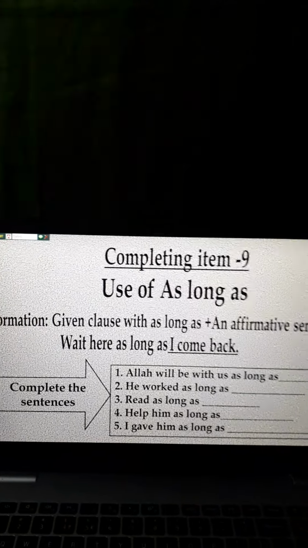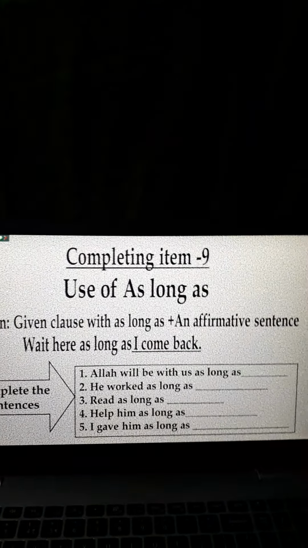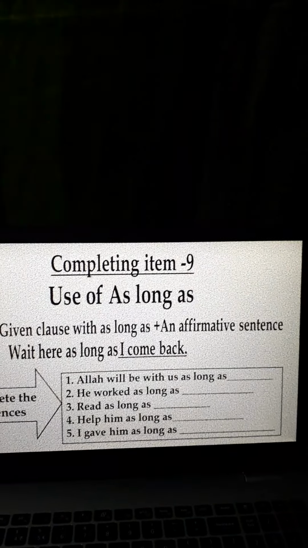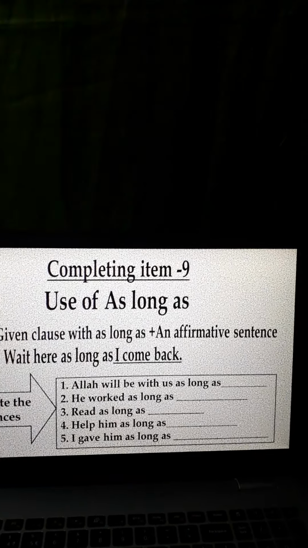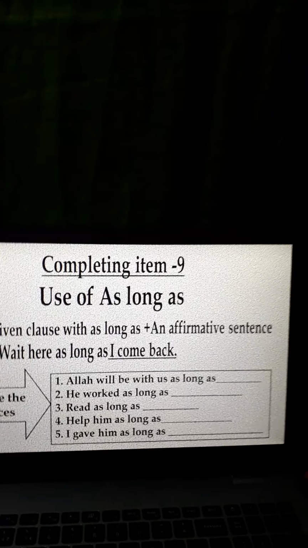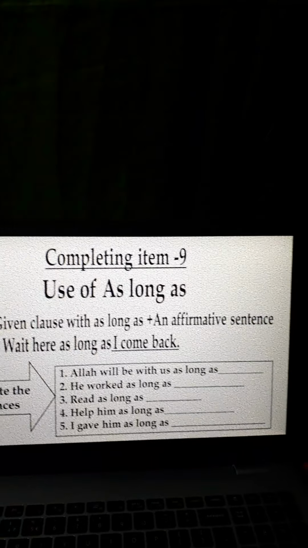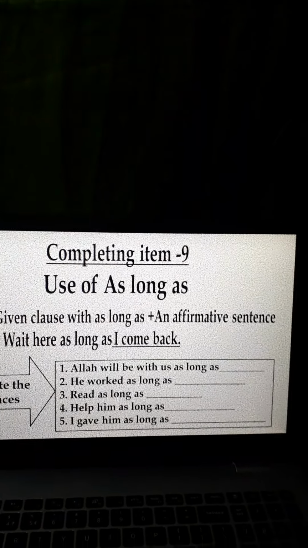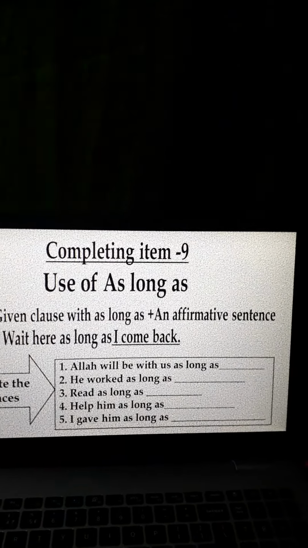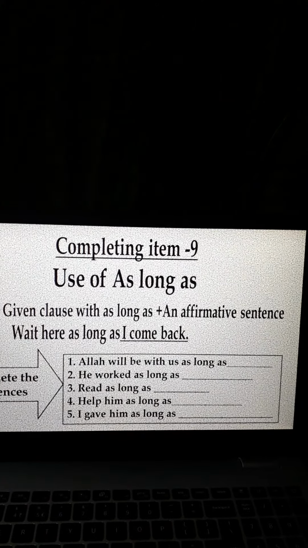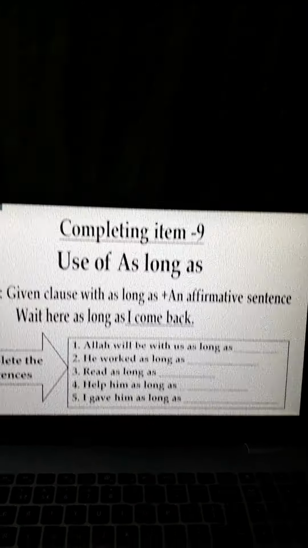Now complete the sentences. This is for your homework. Number 1, Allah will be with us as long as dash. Number 2, he worked as long as dash. Number 3, read as long as dash. Number 4, help him as long as dash. Number 5, I gave him as long as dash.